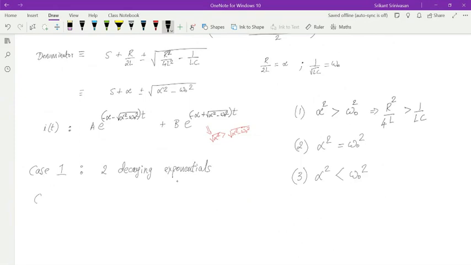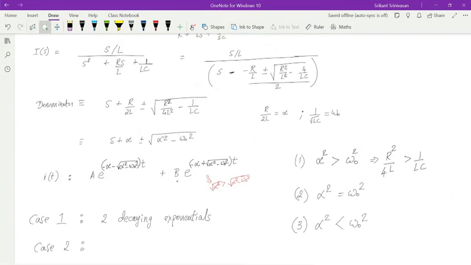What about case 2? In case 2, when alpha is equal to omega naught, then this term cancels out. Okay, when alpha square is equal to omega naught square. But there you have to be careful, because if I see the denominator, when alpha square is equal to omega naught square, this square root term has vanished from the denominator. So what happens to the denominator?